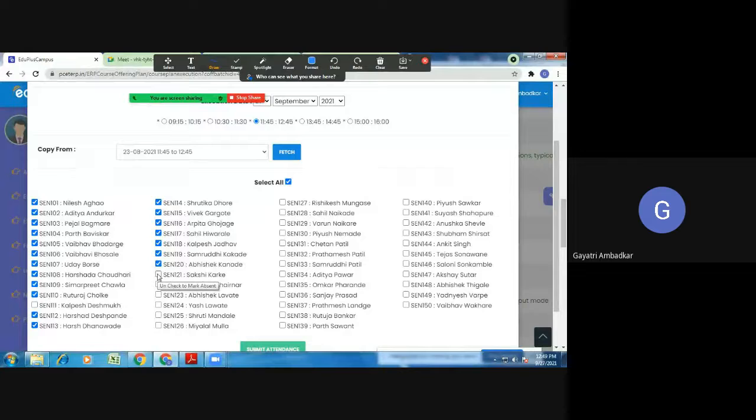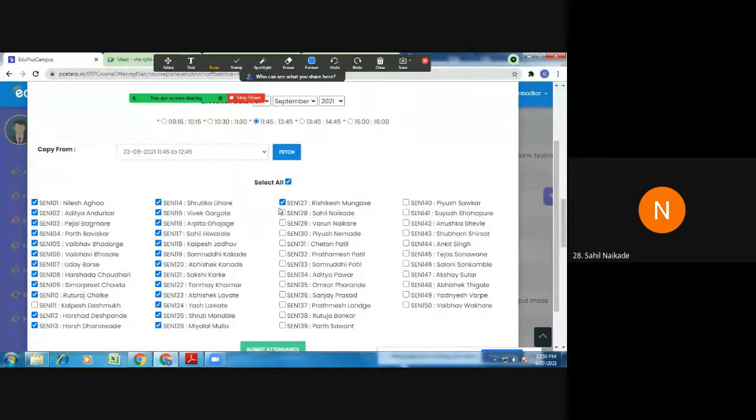Sakshi Karke, Present, ma'am. Tanmay Khairnar, Present, ma'am. Abhishek Lavate, Present, ma'am. Yash Lavate, Present, ma'am. Yes, your attendance needs to be improved. Shruti Mandale, Present, ma'am. Yalal Mulla, Present, ma'am. Rishikesh Mungse, Present, ma'am. Sahil Naikade, Present, ma'am.